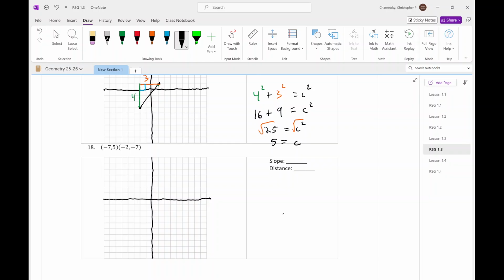So our first one, negative 7, 5. So we go 1, 2, 3, 4, 5, 6, 7. Up 5. There's 1 point. And for our second point, negative 2, negative 7.